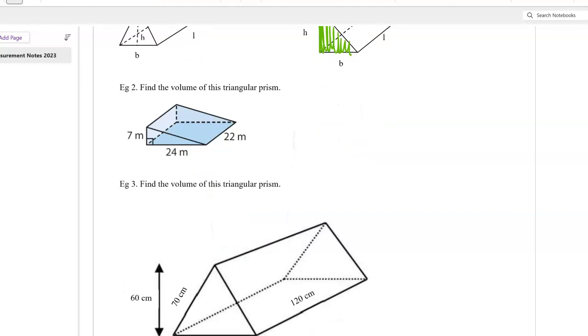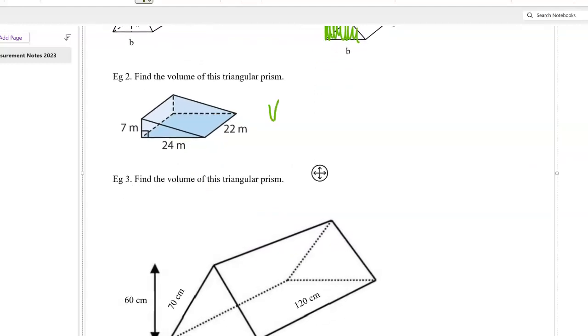Okay, so let's try one. It says to find the volume. So I'm going to find the area of the base. I think the base is this triangle because that triangle is the same on one side and moves all the way through. So the area of a triangle is half times base times height.